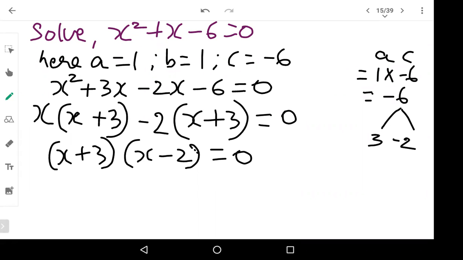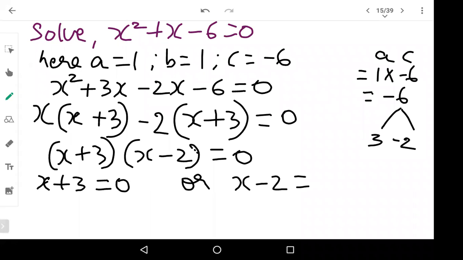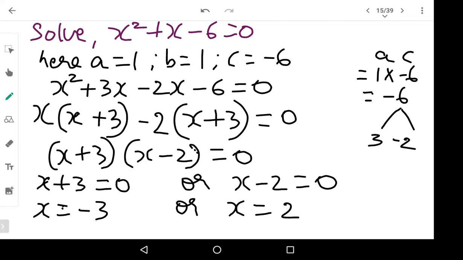Now let us define the two roots. X plus 3 is equal to 0 or x minus 2 is equal to 0. I'm dividing the roots now. Now, x is equal to, if plus 3 goes to the other side, I will have minus 3. Or x is equal to, if minus 2 goes to the other side, it is going to become plus 2.